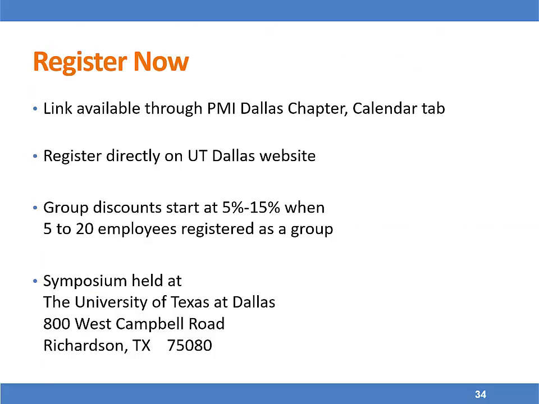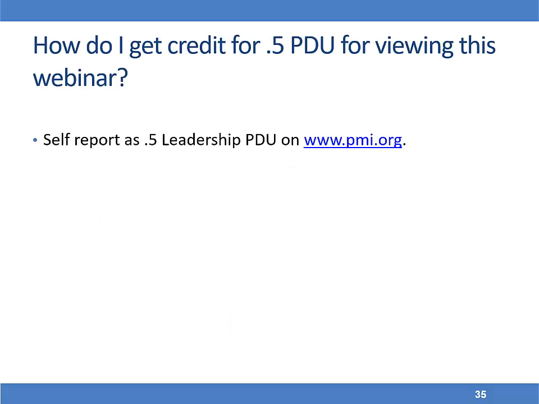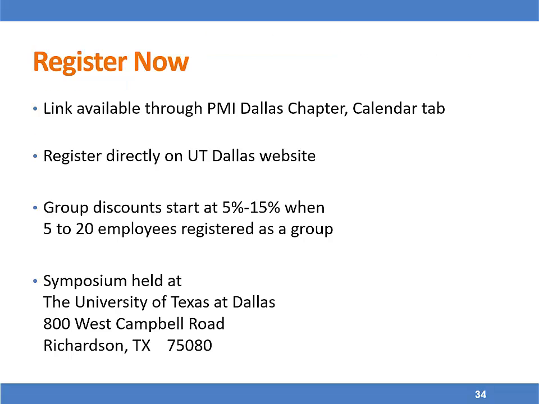So with that, we encourage you to register now for the symposium. If you're thinking about submitting an abstract or a paper, get it going right now. There's a link available that's open through the PMI Dallas Chapter on the calendar. You can register directly through the UT Dallas website.